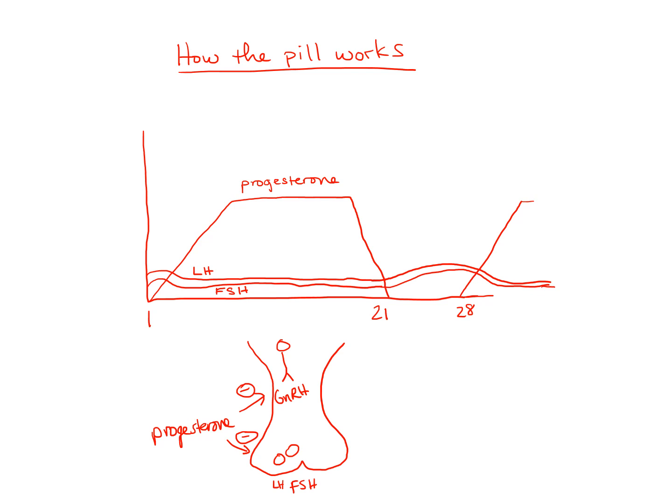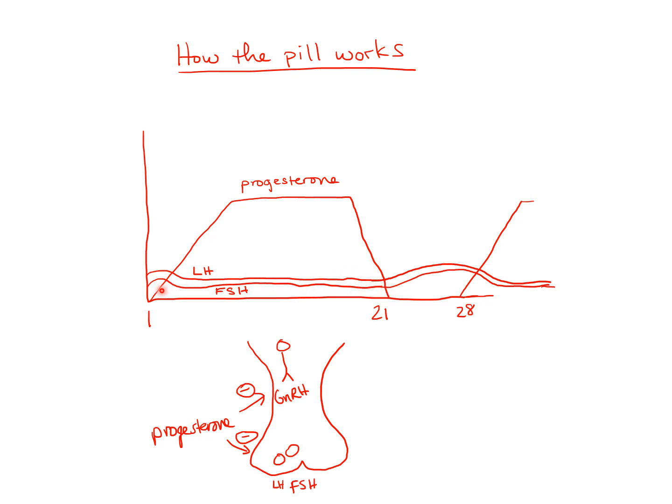So the progesterone is going to prevent an LH surge. So it's going to keep the LH and FSH levels really low. And so you don't get an LH surge and there's no ovulation. So an egg does not get released. And that's going to prevent pregnancy.